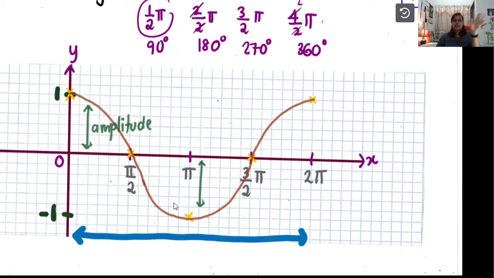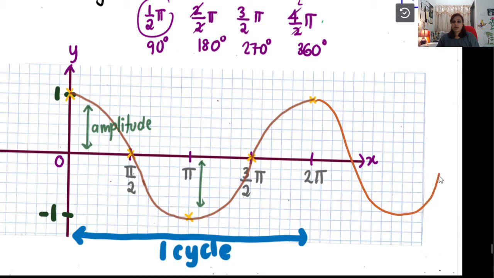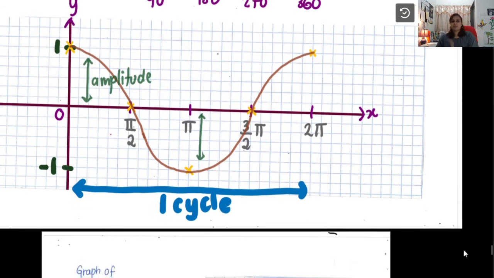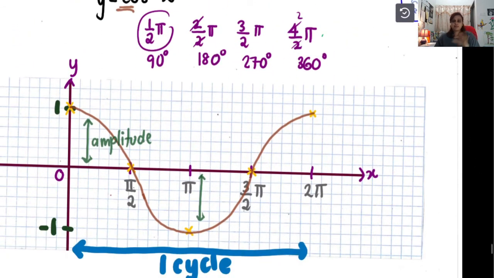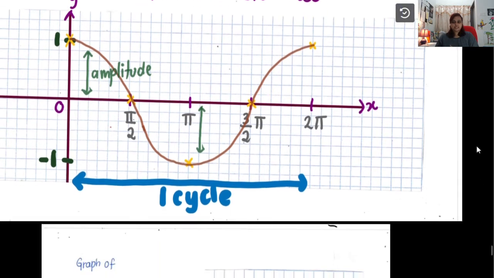So the C shape is one cycle. If they ask you to draw 2 cycles, you draw the same shape one more time. So this is 2 cycles. It's very simple, right? This one is the basic. If you're still doing this, pause, take a moment, understand, practice, and then let's go to the next tangent.